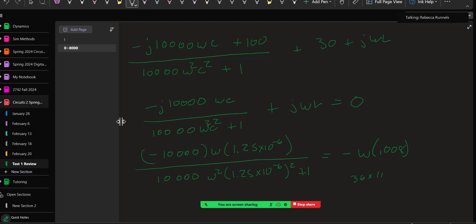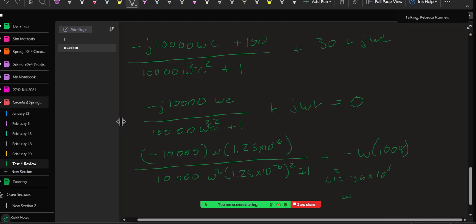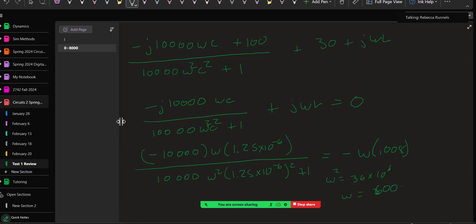You shouldn't have to do this on the test, I don't think. I think if you were given one, it would probably be series or parallel. I can't say that for sure, but it'd be an awful lot of arithmetic to come up with this answer. But I think omega squared is 36 times 10 to the 6, and that would get omega equals 6,000 radians per second.